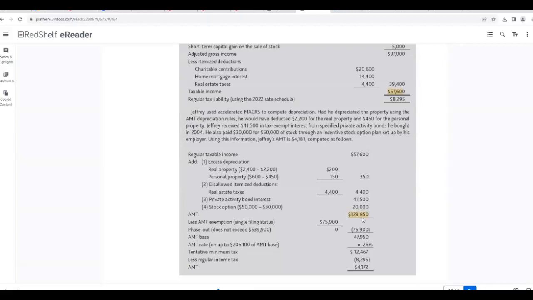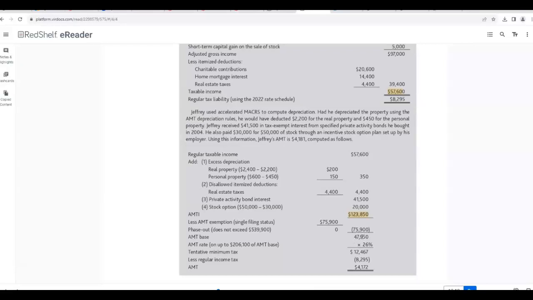So it's way less than the phase out, and there is no phase-out calculation. You know how to do it because we just did two examples. So this 75,900 goes right below as the exemption. 123,000 minus 75,000 is 47,950 AMTI base.